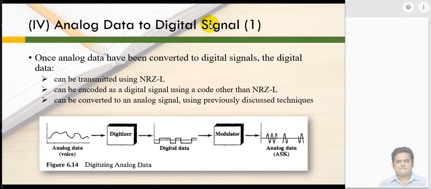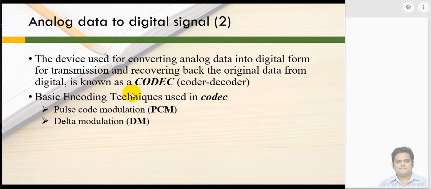We have seen so many different techniques for sending digital data over the digital signal. So we are not going into that part, but what we need is we want to convert analog data into the digital data, right? And for that purpose we are going to use these two techniques, which are going to be implemented in a codec.